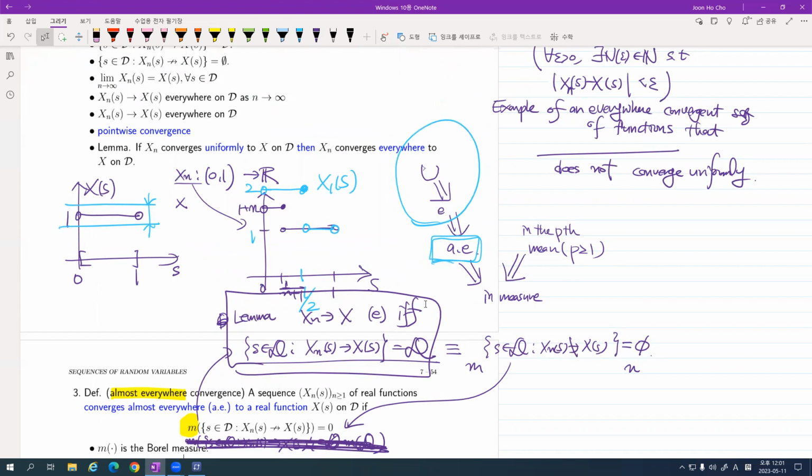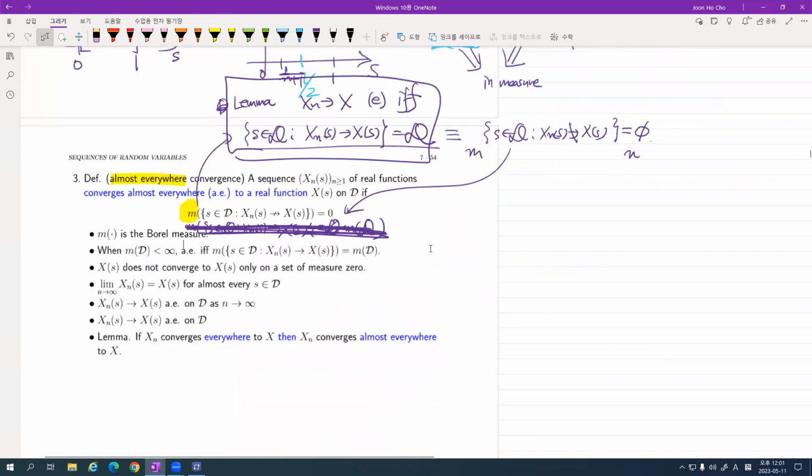Now, let's relax that a little bit and consider this one. Our domain is the closed interval 0, 1.